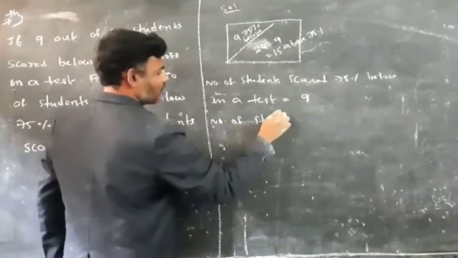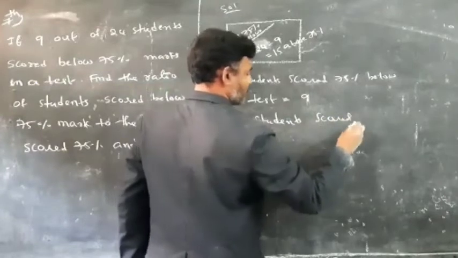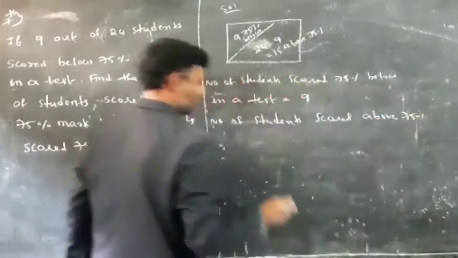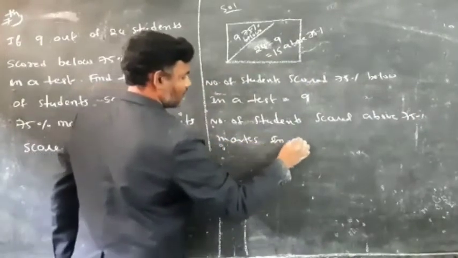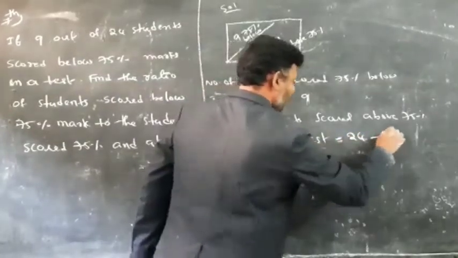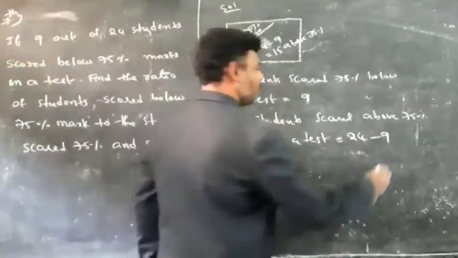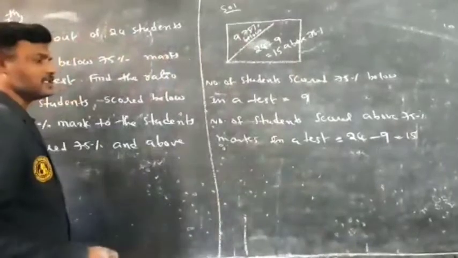The number of students who scored above 75% marks in a test. So out of 24, 9 students scored below 75%, and the remaining 15 students scored above 75%.